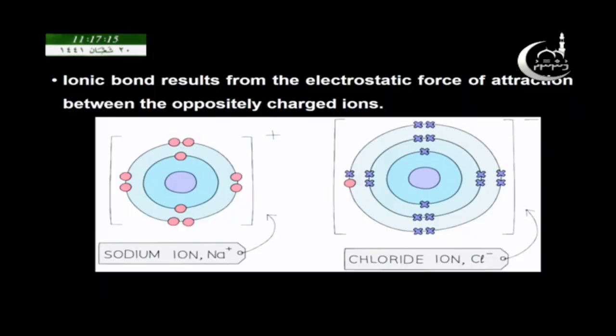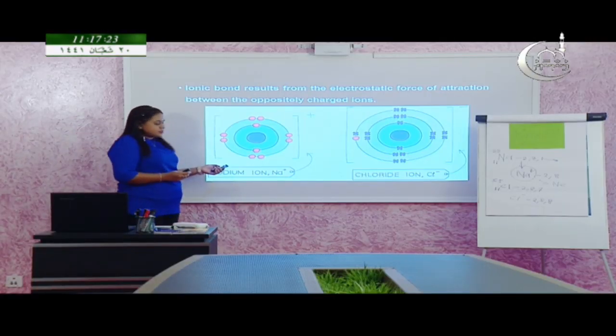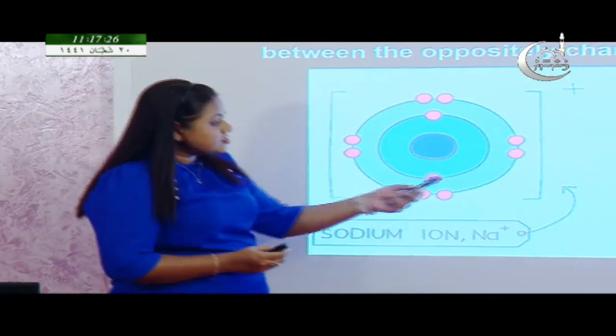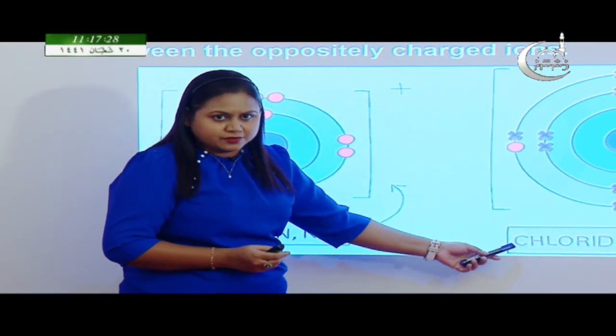Okay? Now, in this slide you can see that there are 2 structures, electronic structures. One structure shows the sodium ion, the other structure shows the chloride ion. Okay?